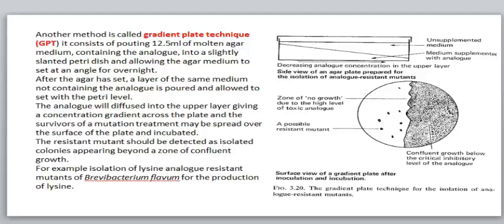In this technique, we prepare the agar medium containing the analog and add 12.5 ml of molten agar in the petri plate and allow it to solidify at an inclined position, so that one side has a higher concentration of agar and the other side lower, and a kind of gradient is formed.